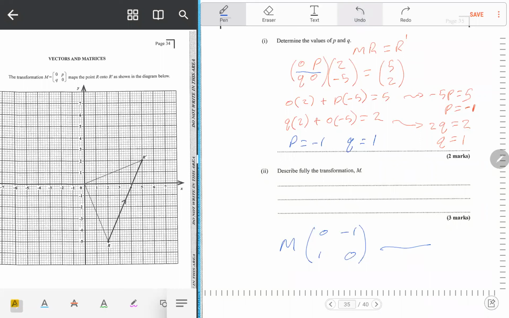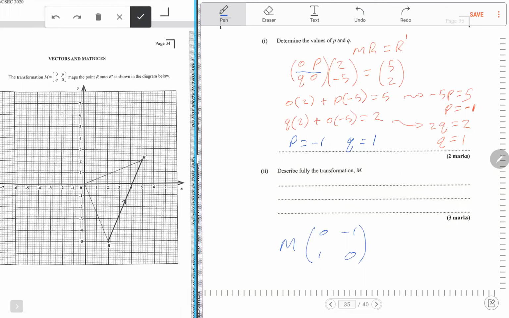But if you look at the diagram on the right, you see that this point goes through a rotation of 90 degrees about the origin. So that is what happened.